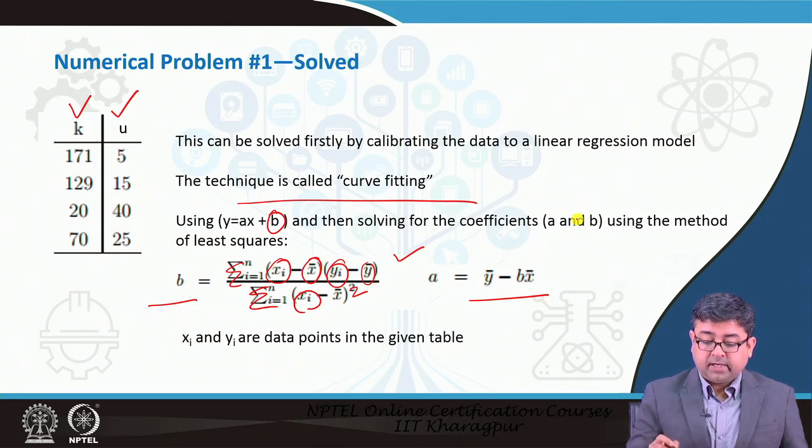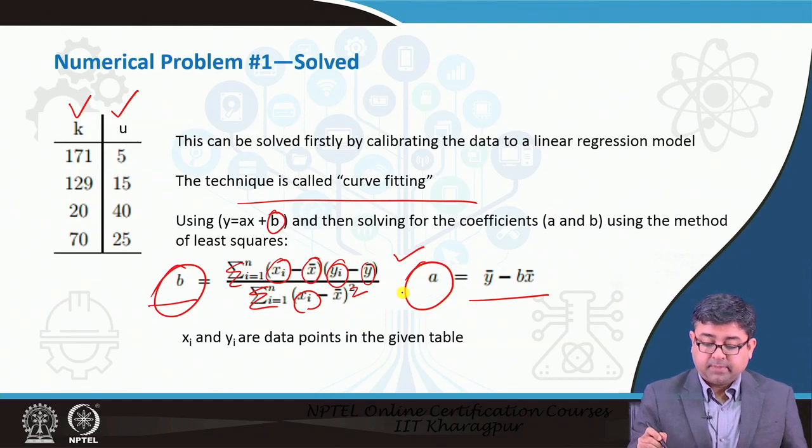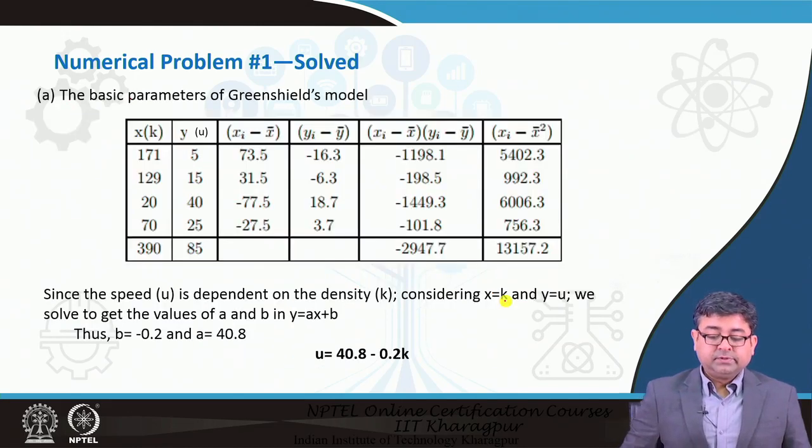So, we are going to find out first the parameter b, and then we are going to estimate parameter a, which is nothing but the mean of all the y values minus b times the mean of all the x values. So, let us see.